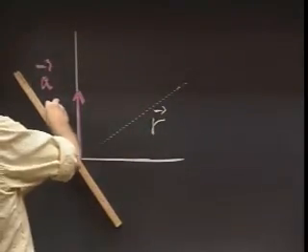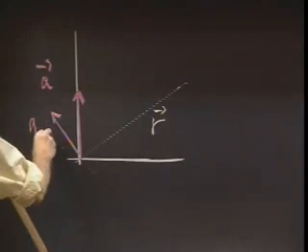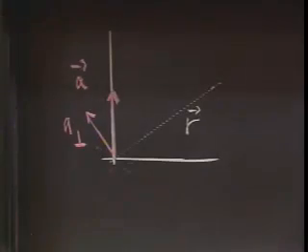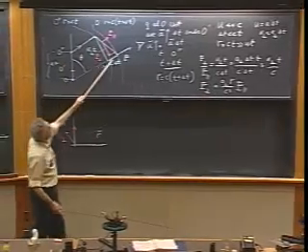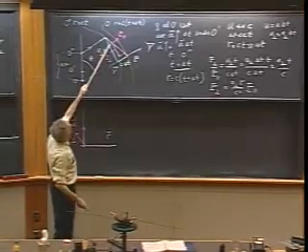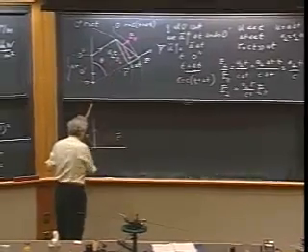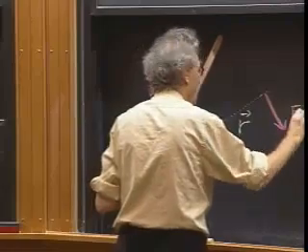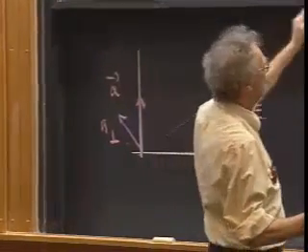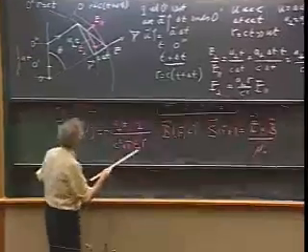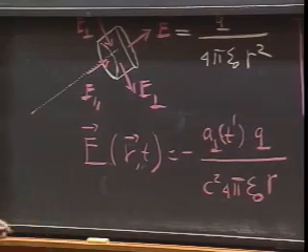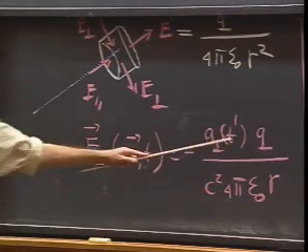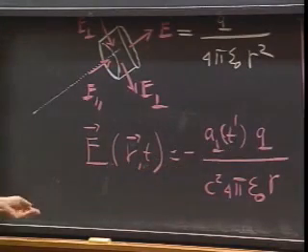Then this would be A perpendicular. And if the charge is positive, which I have chosen here because the field lines go away, then the E vector perpendicular is in this direction. And that is the reason for that minus sign. Namely, if Q is positive, then E is in the opposite direction of A perpendicular. If Q is negative, then it is in the same direction.